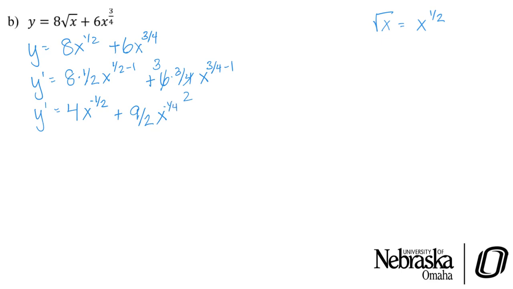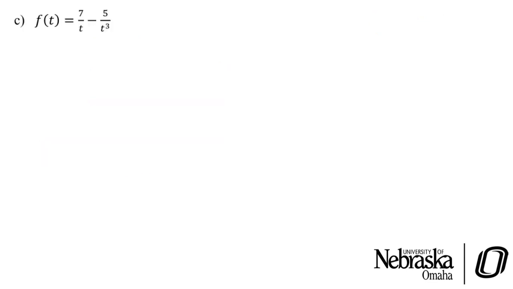Now you can leave your answer written like this, or we can write it as radicals. Notice x to the negative 1/2: the negative exponent means it moves to the denominator, and the 1/2 exponent means it's square root. So we have 4 over the square root of x. The next one we have 9, the 2 is in the denominator as well as the 4th root of x.